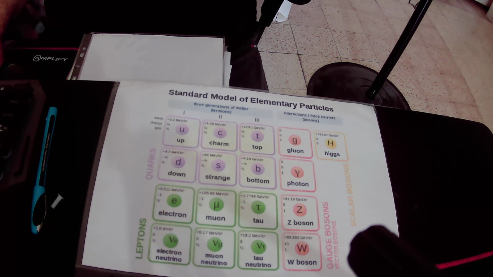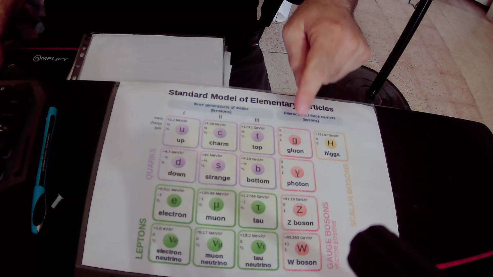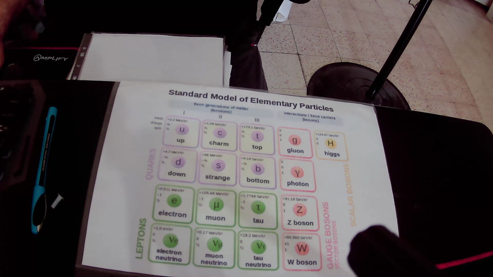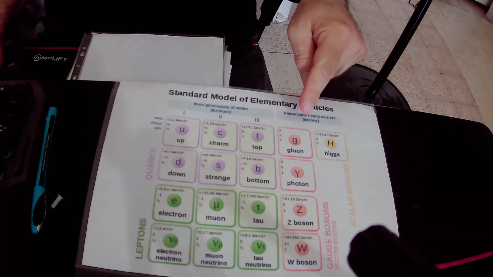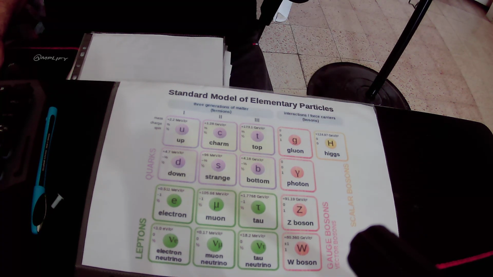The first force particle is gluon, that carries the strong nuclear force that actually binds the protons together in the nucleus of the atom. And actually we have 8 types of gluons.